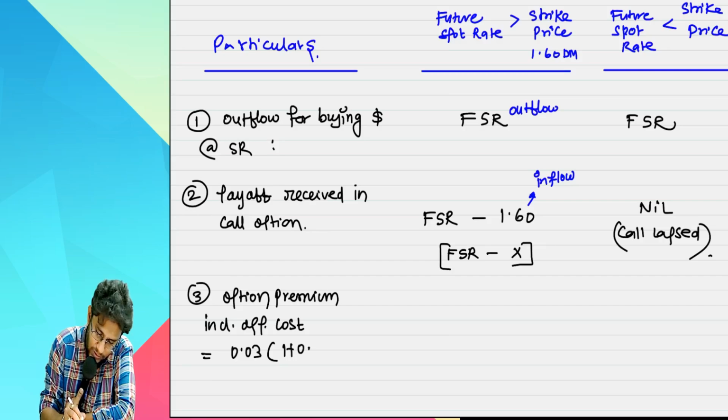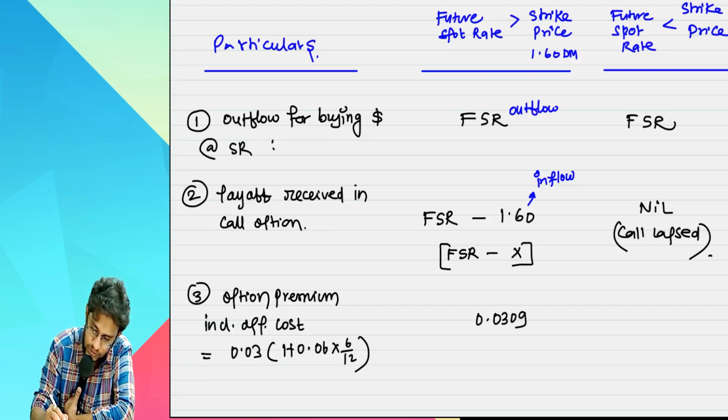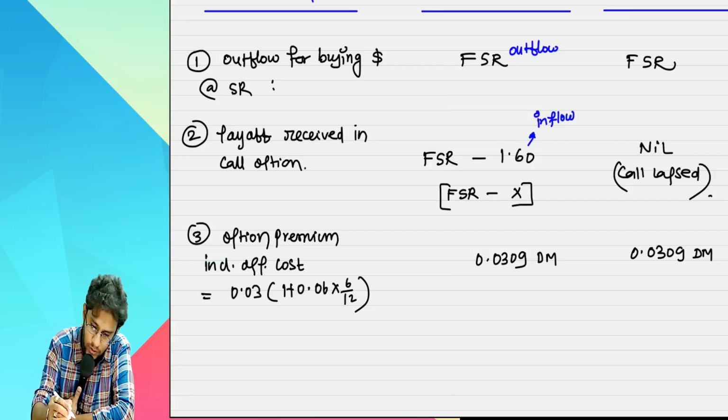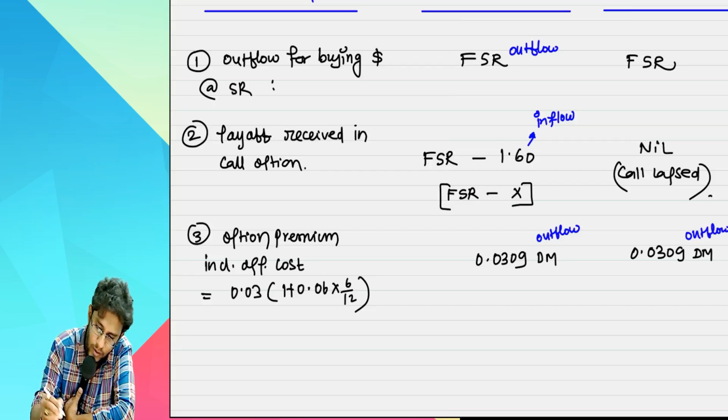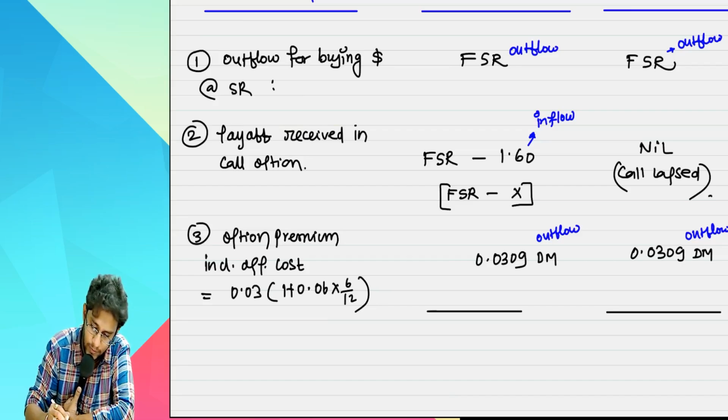0.03 into 1 plus 0.06 into 6 by 12. So that is 0.0309. What is this? This is DM. 0.0309 DM. This is outflow or inflow now? This is also outflow. This outflow. This is also outflow. Now add up. What is the total outflow under hedging?